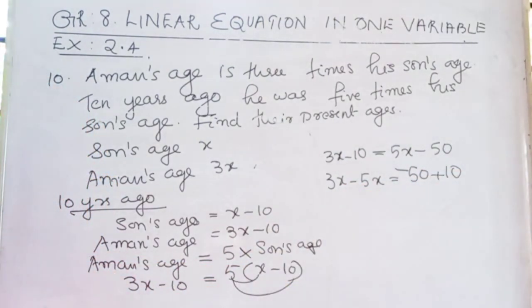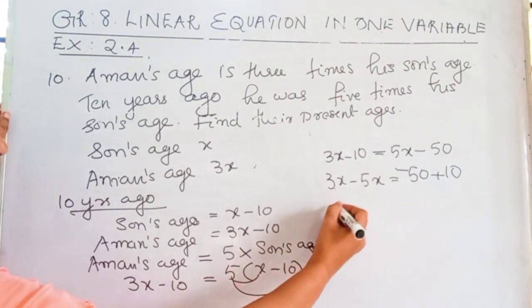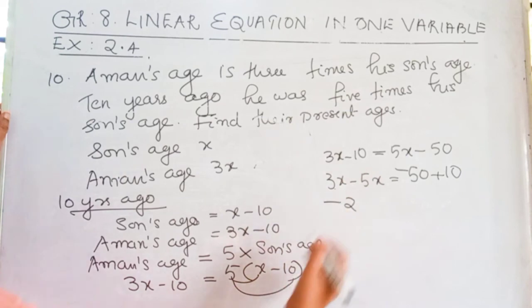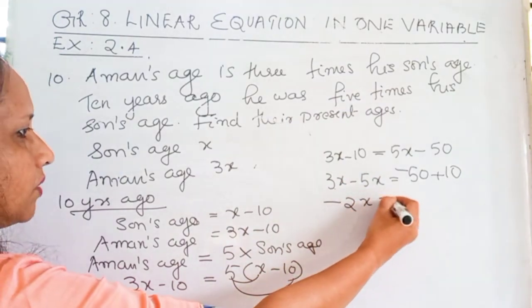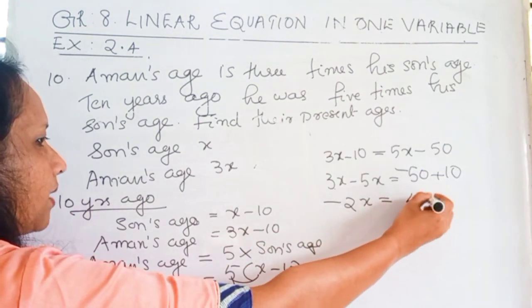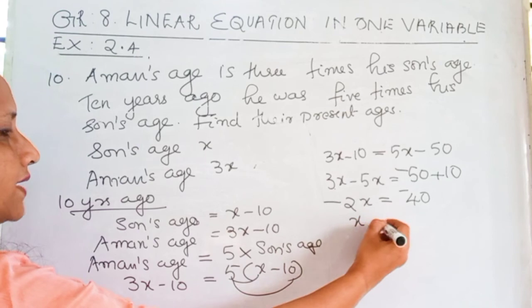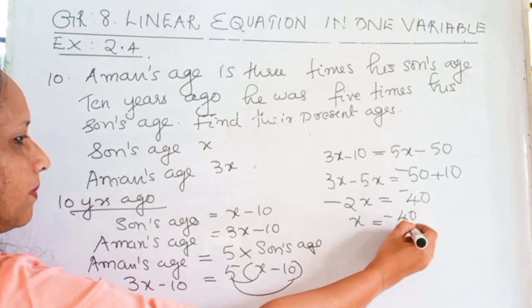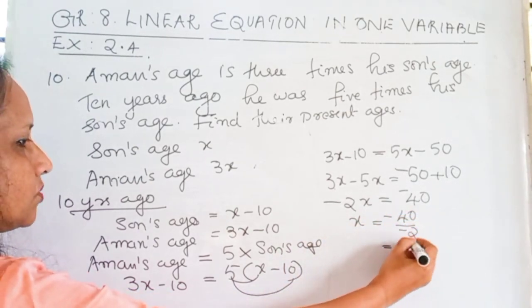So 3x minus 5x, we need to subtract them and put the bigger one's sign. So it becomes minus 2x equal to minus 50 plus 10, we need to subtract 50 and 10 and put the bigger one's sign. So it is 40, and both are minus. So x equal to minus 40 by minus 2. So the answer is 20.